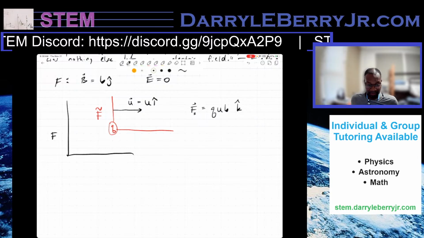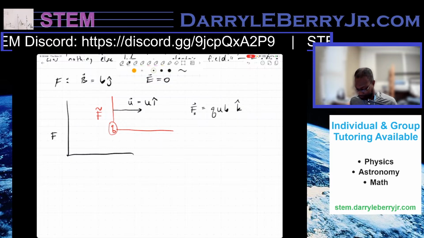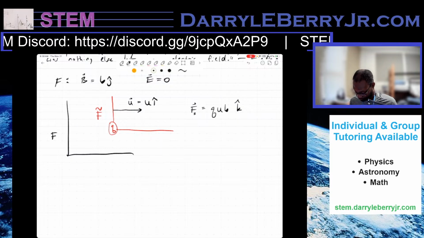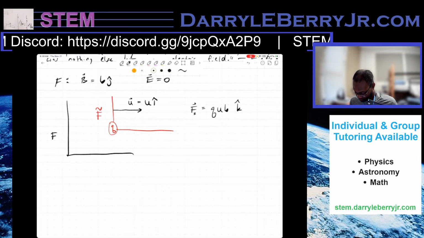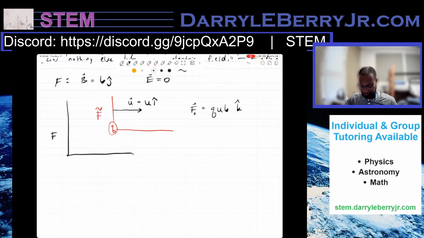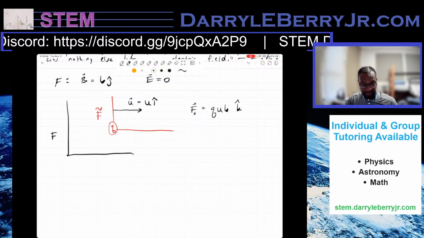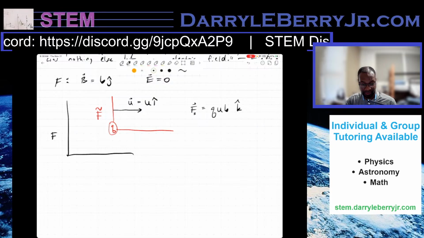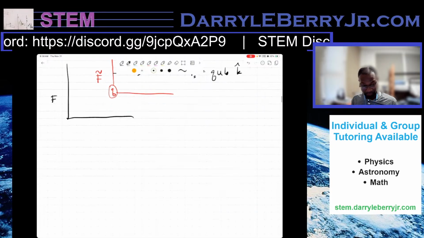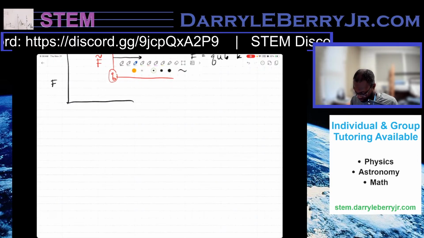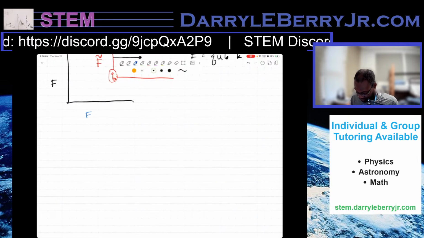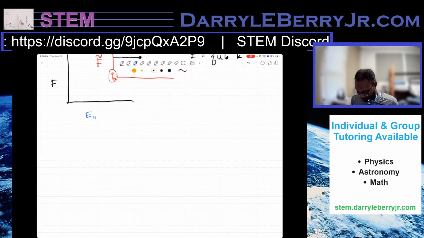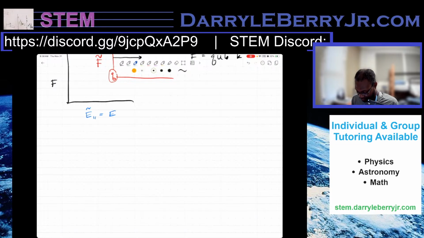Find E and B, the fields in F prime, right? So I believe we have to use the same equations that I have not memorized. Let me get these. So we have E boosted parallel equals E parallel.